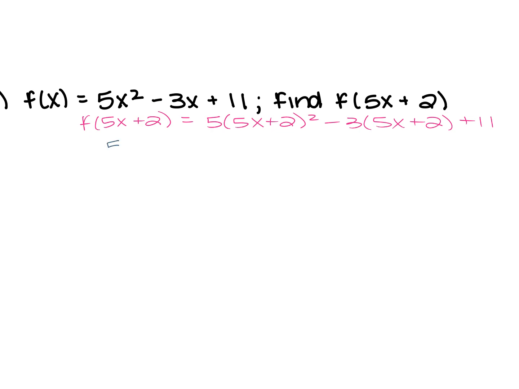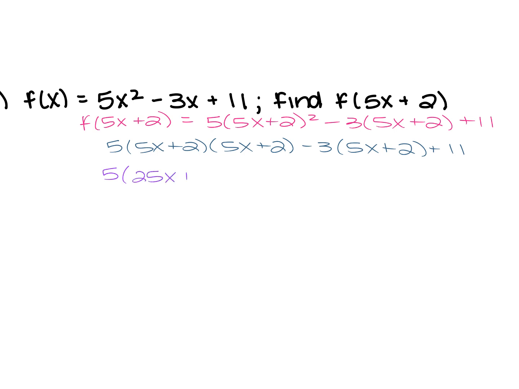So it's going to turn into 5 times 5x plus 2 times 5x plus 2 minus 3 times 5x plus 2 plus 11. So again, I'm going to FOIL the 5x plus 2 times 5x plus 2. That's going to give us 5 times 25x squared plus 10x plus 10x plus 4 minus 3 times 5x plus 2 plus 11.